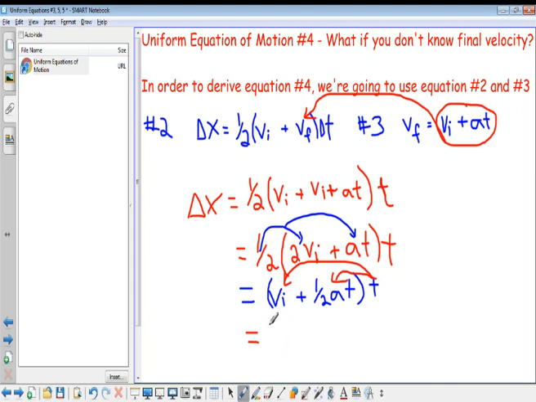I'm going to have VIT plus 1/2 AT squared, which is going to be your change in displacement.